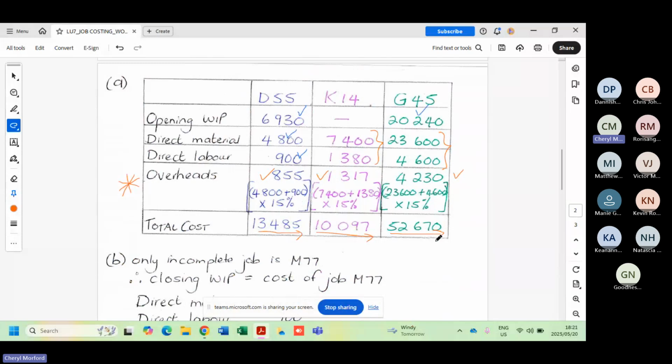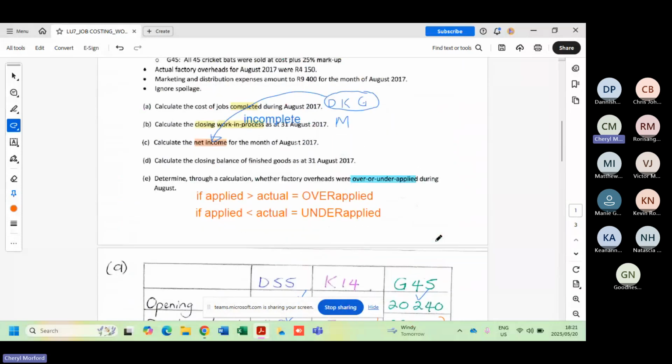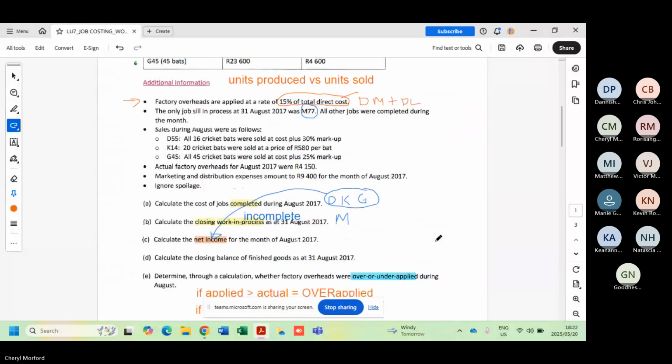So that is very simply how to find the cost of a job. Right, I do believe it's a nice question. Then let's look at number 2. We've already done the hard yards here. The closing work in process, you would have to determine which is the job or jobs that are not finished.